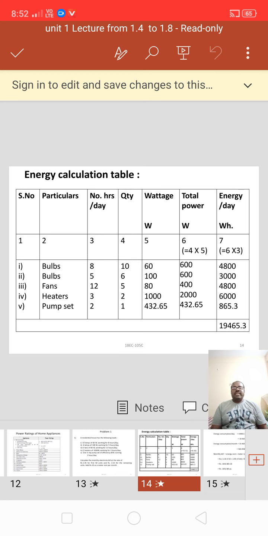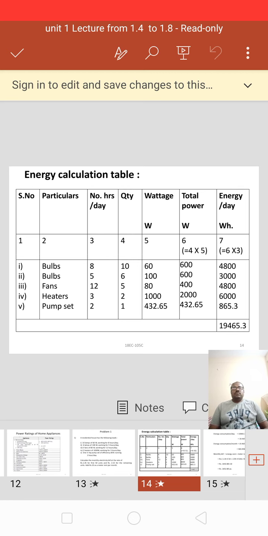Here we are taking an energy calculation table. The table comprises a serial number, particulars of the appliances in our house, number of hours per day they are working, quantity, wattage, that is power, total power, and energy used per day.